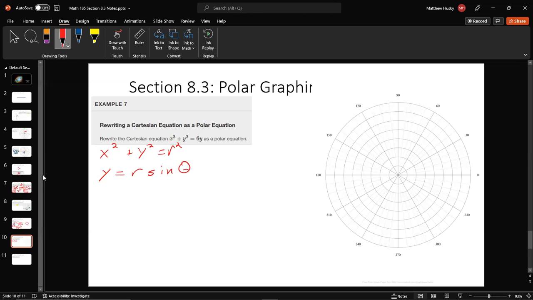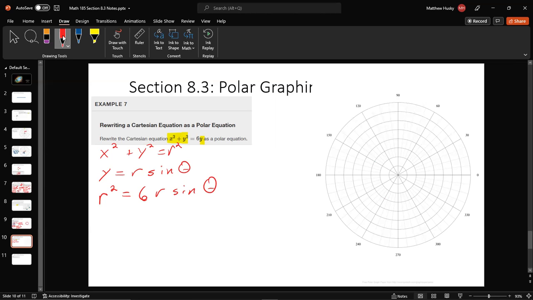So basically what this means is that x squared plus y squared is r squared. And then we're going to replace the y with r sine theta. So that's going to equal 6 times the y, which is r sine theta.